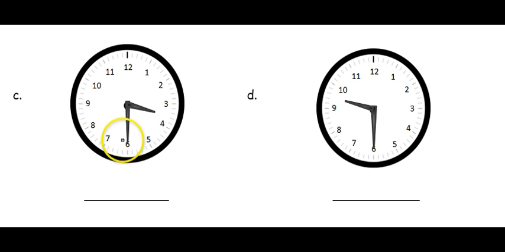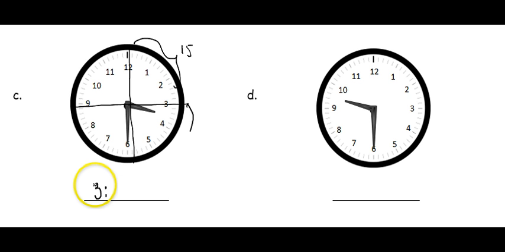On my next clock, I see that the hour hand is past the 3 but not yet to the 4. So I know it's somewhere after 3 o'clock. And again, let's divide it into quarters. So this first quarter would be 15 minutes, and the second quarter would be 15 minutes. So the minute hand is directly at the 2 quarter mark, or halfway around the circle as well.